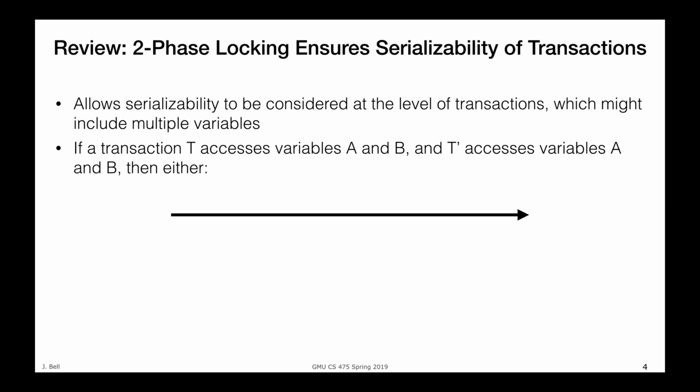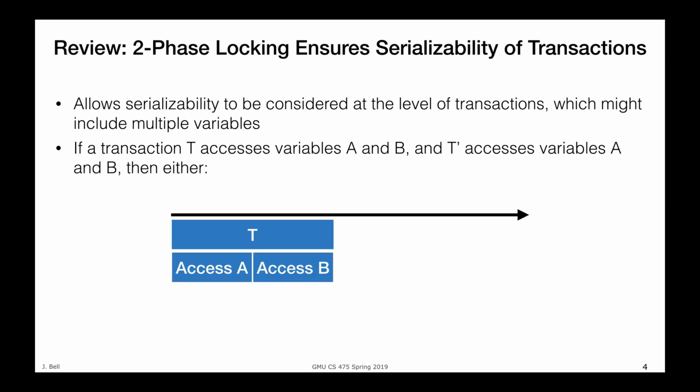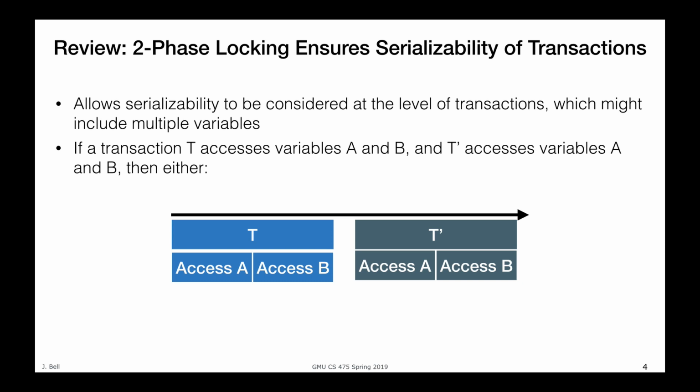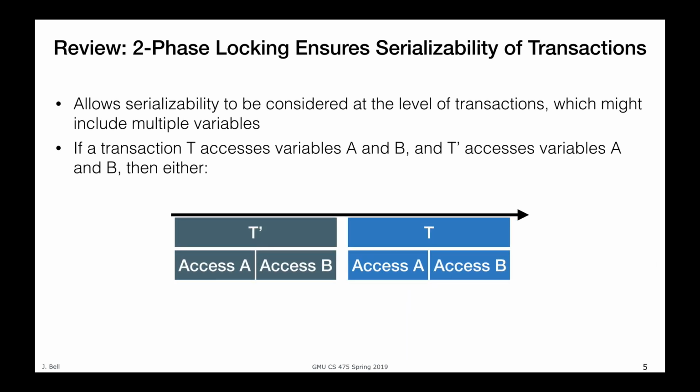With serializability, we said if we have two transactions and both of those transactions are accessing some shared variables, in this case some variable A and some variable B, then it's almost like we're getting sequential consistency across multiple variables. And that's to say that either all of them happen before the other or none of them do.